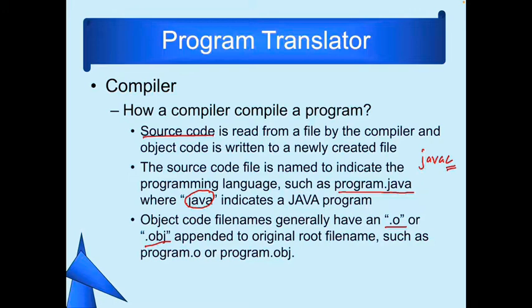And C uses a compiler. Actually, Java uses both a Java compiler and also an interpreter. As I mentioned before, javac is the Java compiler, and the Java Virtual Machine, JVM, is the Java interpreter.